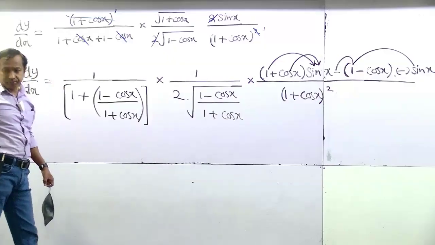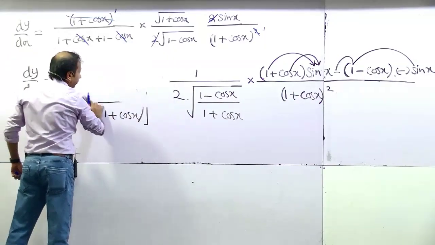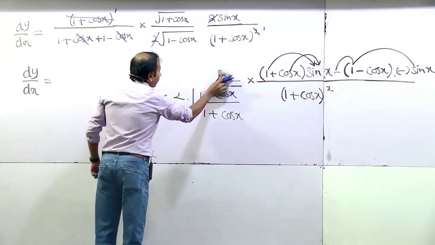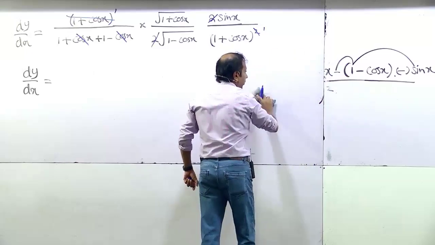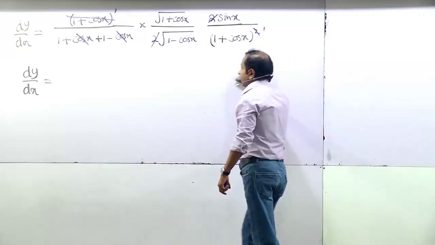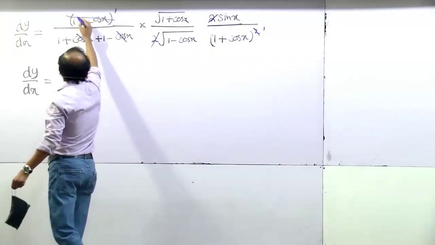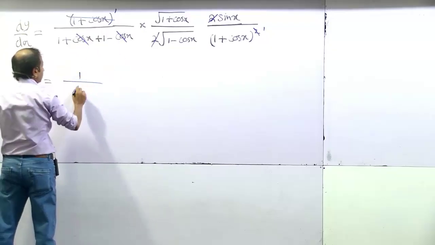Yes. Now write down the terms we have. Here we have what, people? Numerator 1, numerator 1 and 1 make 2.